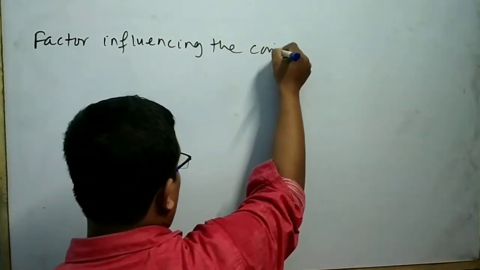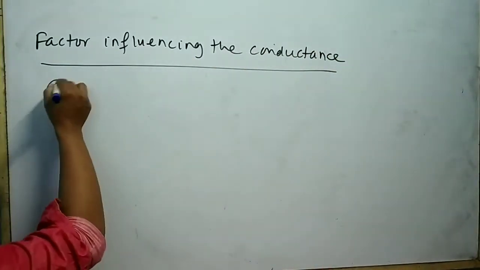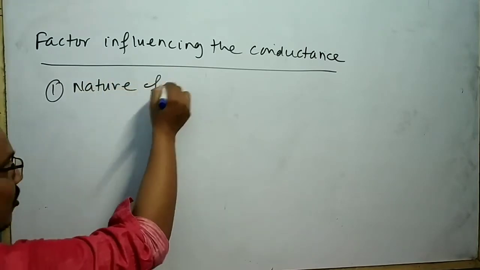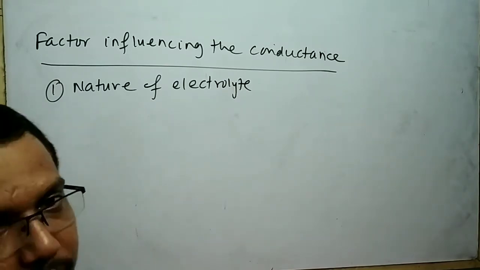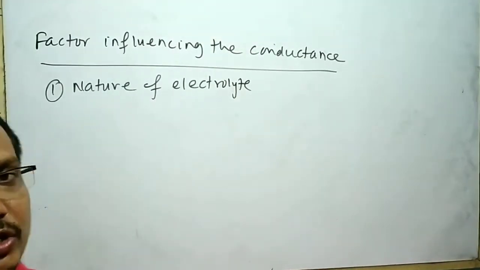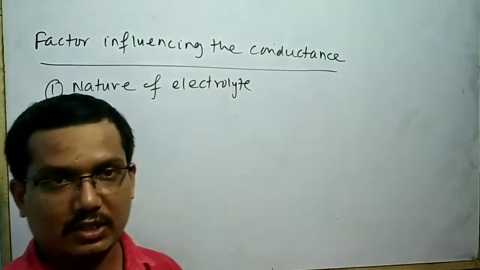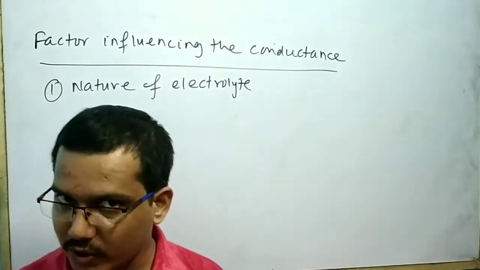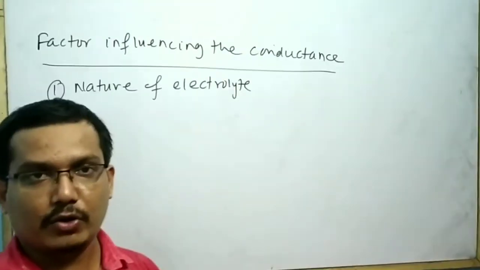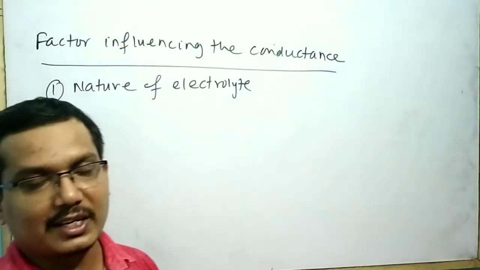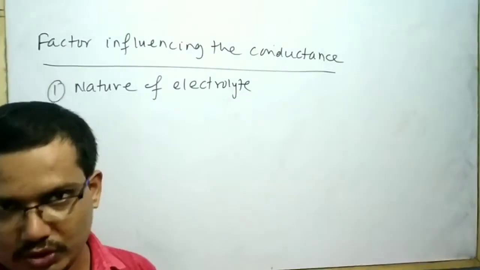Next I will explain the factors influencing the conductance. First factor is the nature of electrolyte. There are two types of electrolyte. One is a strong electrolyte, another is a weak electrolyte. In case of strong electrolyte, the conductance is more as compared to the weak electrolyte, because strong electrolyte undergoes complete dissociation, but weak electrolyte undergoes partial dissociation.